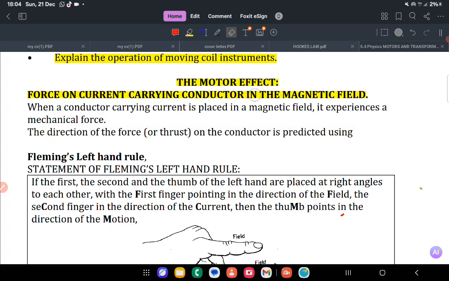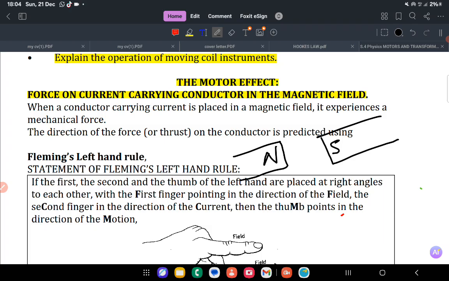All right, welcome once again. So when a conductor carrying current is placed in a magnetic field, it experiences a mechanical force. What we're saying is we have two magnets. One end is North Pole, the other end is South Pole.